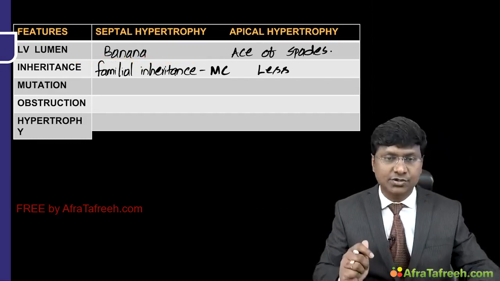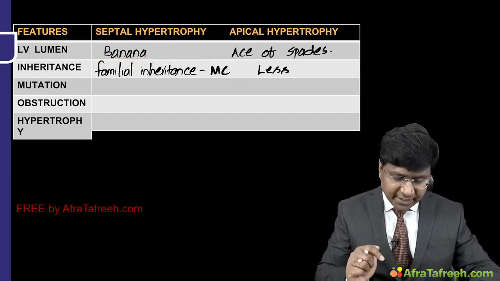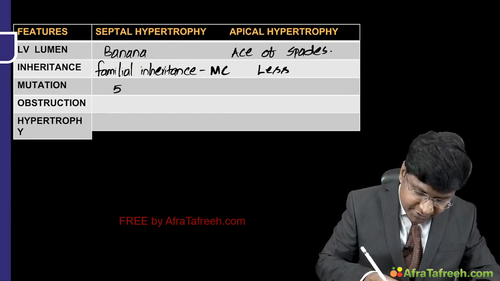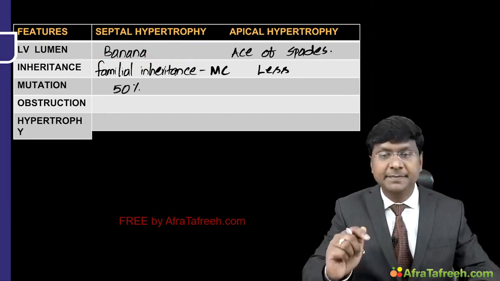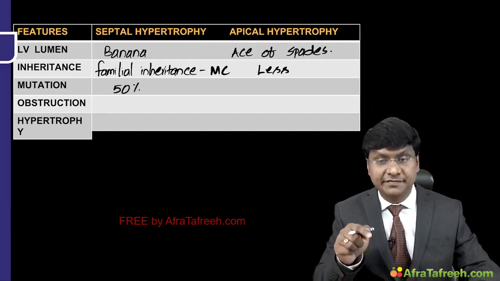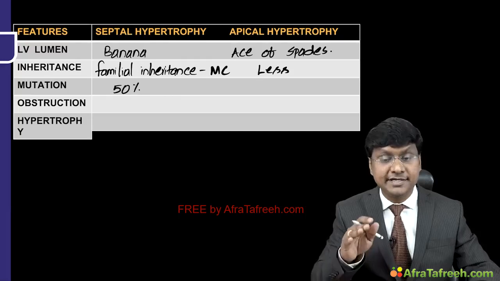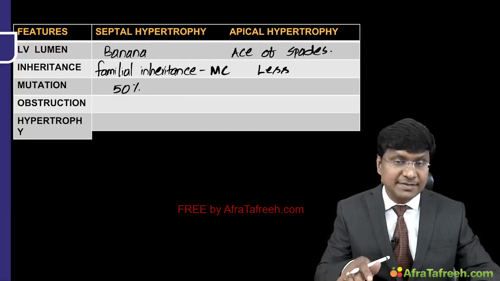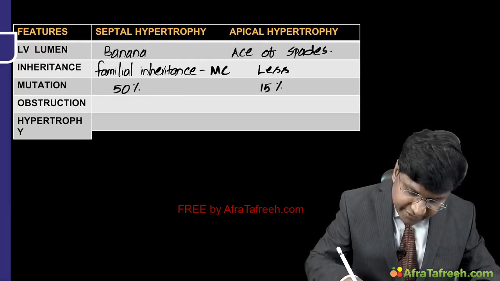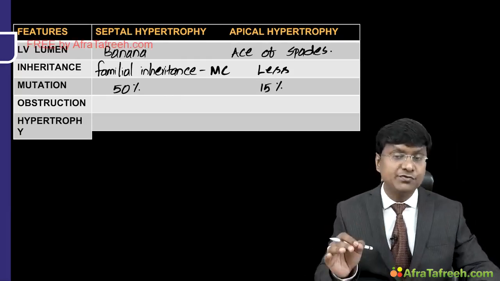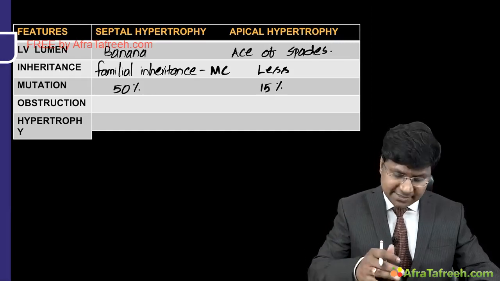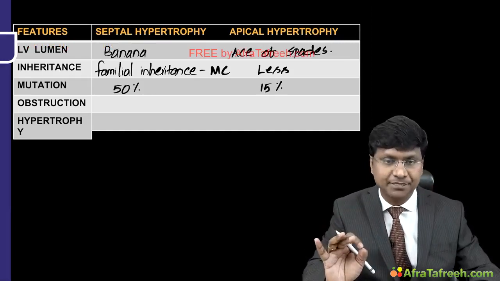If you take the percentage, in septal hypertrophy the mutation occurs in almost 50% of individuals, whereas in apical hypertrophy the familial disease is less common. What is the percentage in apical hypertrophy? It is only 15%. So which form of hypertrophy is most commonly inherited? That is septal hypertrophy, right?